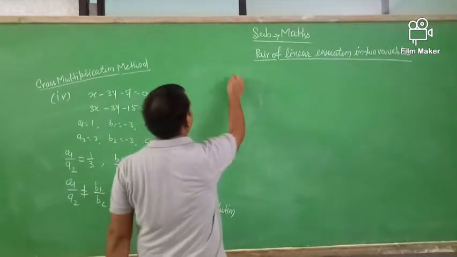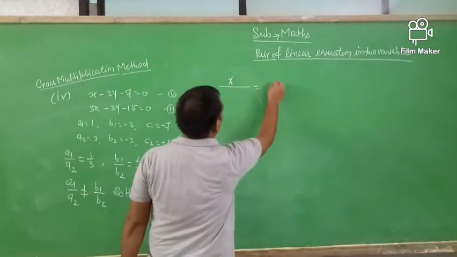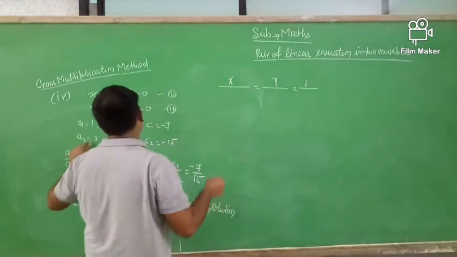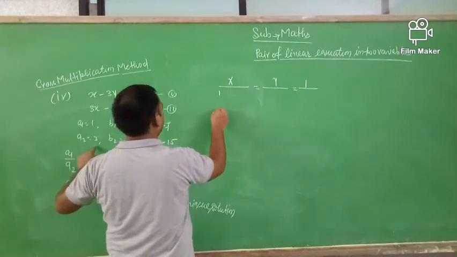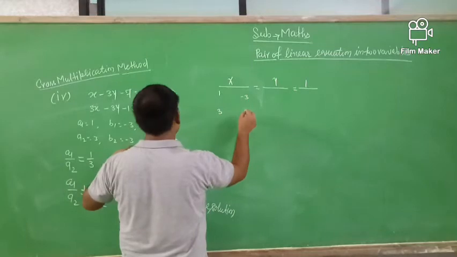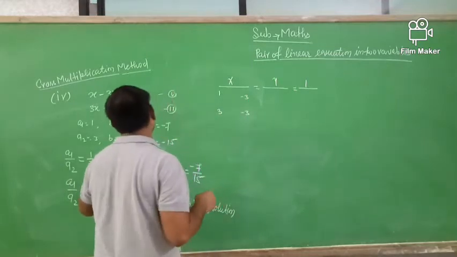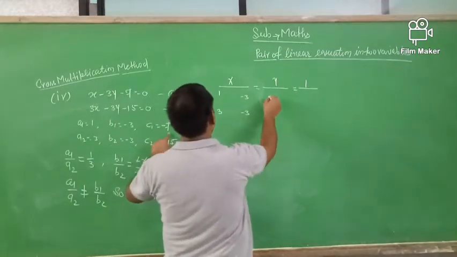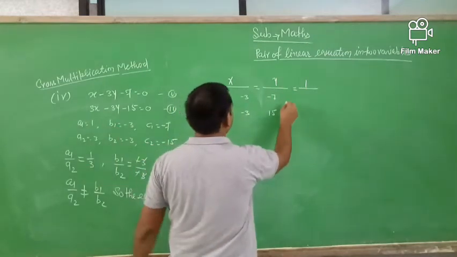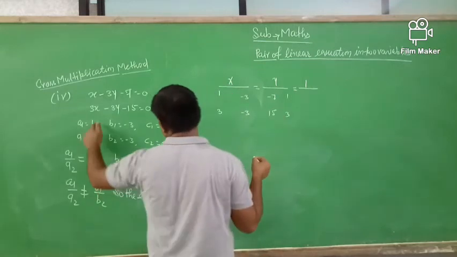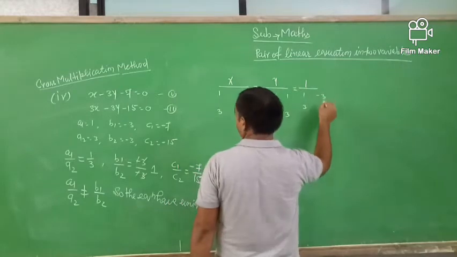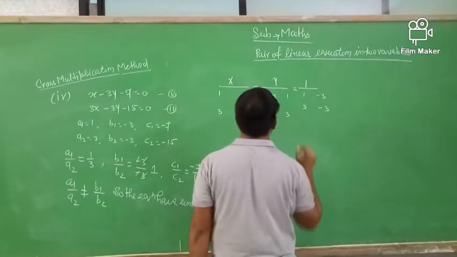So here x upon, is equal to y upon, and this is a constant upon. First I take the A1 A2 elements 1 and 3, then the B1 B2 elements minus 3 and minus 3, then the C1 C2 elements minus 7 and minus 15, then the A1 A2 elements 1 and 3, then the B1 B2 elements minus 3 and minus 3.